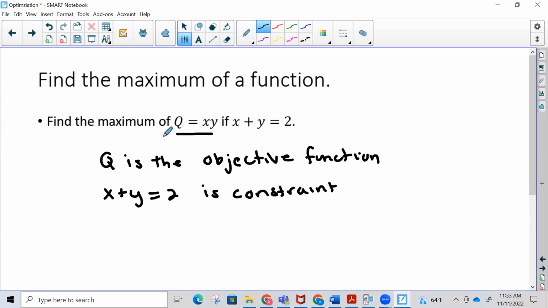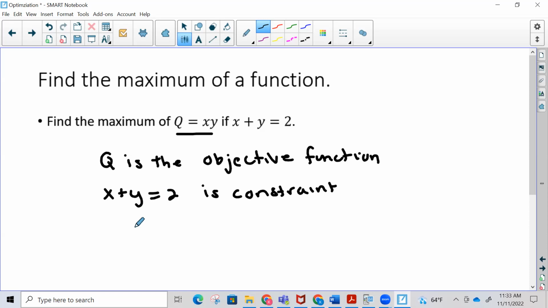And the constraint lets me get Q in terms of one variable. So what I can do is I can solve for X or Y in this second equation, and then use that to substitute in for the variable that I solved for. And then it's in one variable, so then I can do the process of optimization to maximize it.